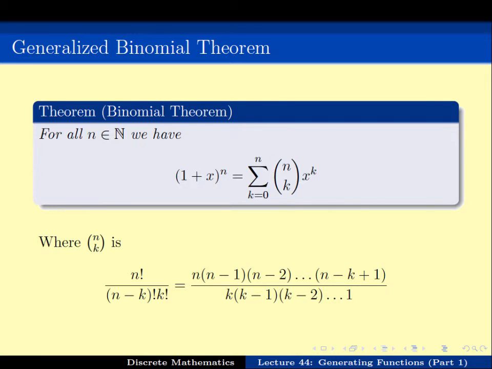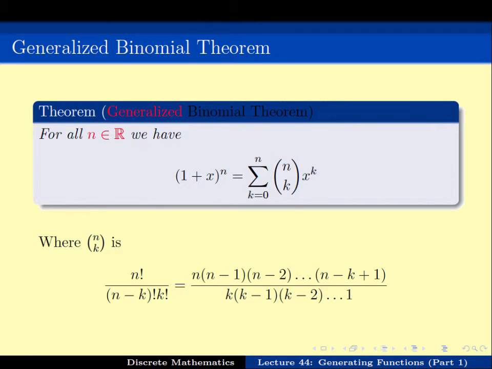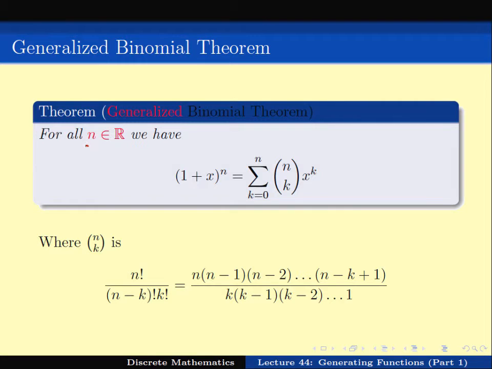Now, if this is the definition of n choose k, let me tell you a pretty ridiculous looking theorem which is known as the generalized binomial theorem. And this is that even for n a real number, I have the same expression.